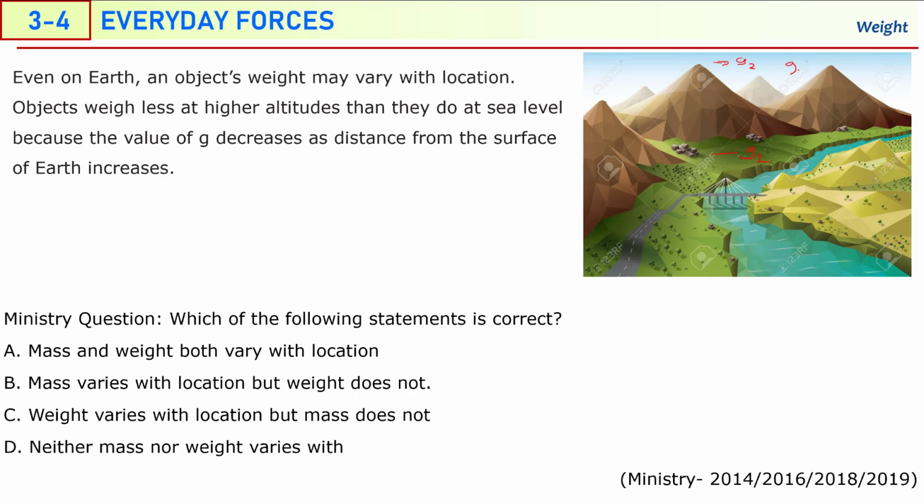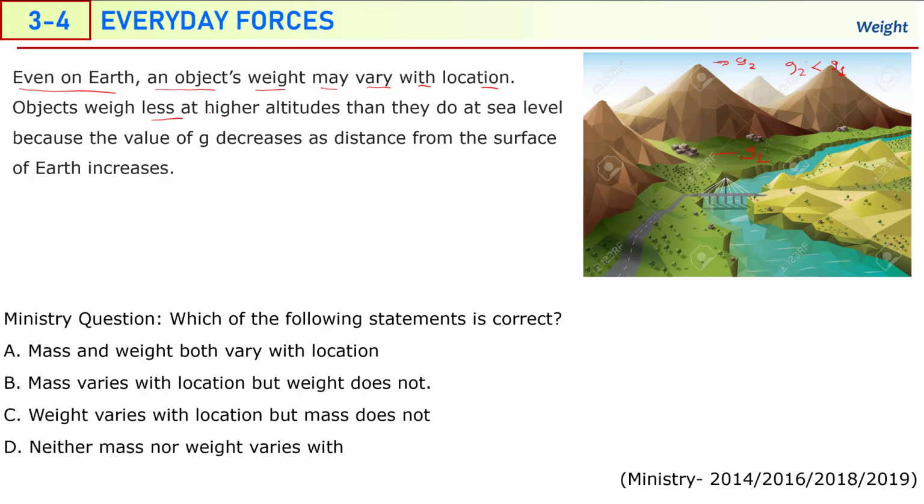And g2, the gravitational acceleration at the top of a mountain, will always be less than g1, which is at the bottom of the mountain. That's why on the earth, when you are rising or climbing a mountain, because g is decreasing, the weight of the object also decreases. So we say that even on the Earth, an object's weight may vary with location.